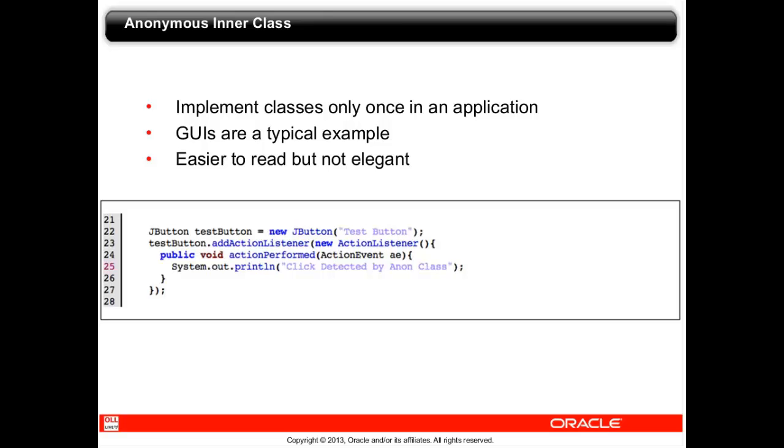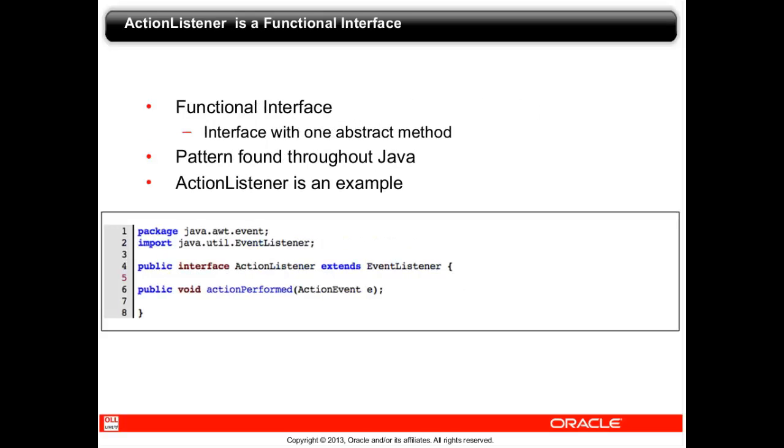In this particular case, we're using an action listener, and here is the source code for it. You can see it's an interface with a single abstract method. Notice the signature there. We just have actionPerformed as the only method, and it takes an ActionEvent as a parameter.